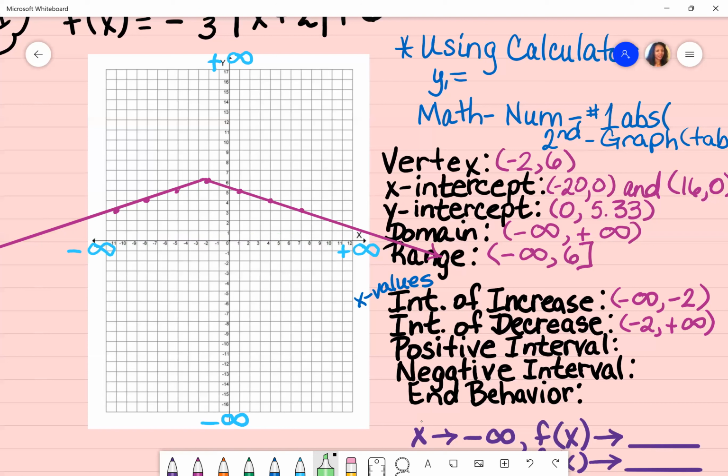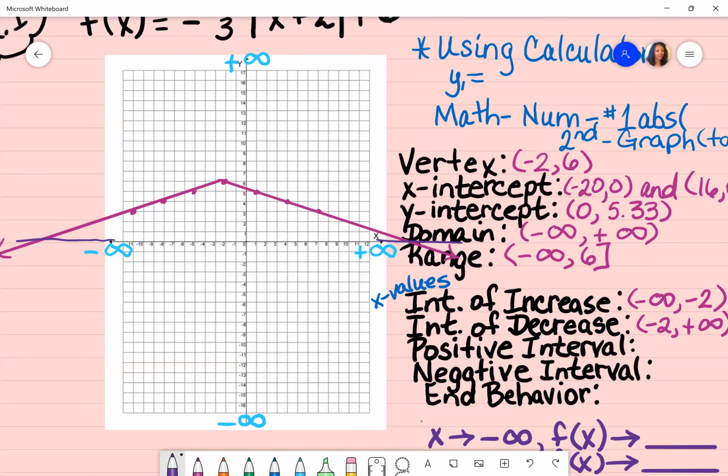So if I'm looking at my graph, it's going to be helpful to know your x-intercept, especially if your graph looks like mine, because you can't really see where it's crossing the x-axis on this graph. Even if I drew a line here, you can't really tell what the value is. So that's where the x-intercept comes in handy.